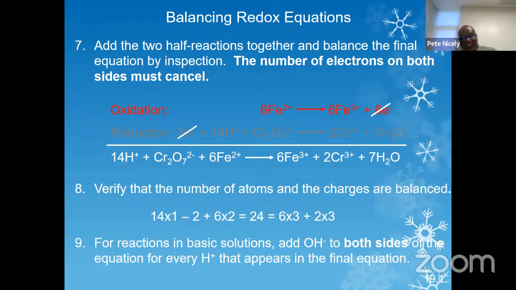We won't be concerned with basic solutions. I think that should be best left up to Chem 2. In Chem 2, you'll be doing more of this, and at that point, you'll learn how to carry out the same process for basic solutions. So that's basically the steps involved in balancing redox equations.